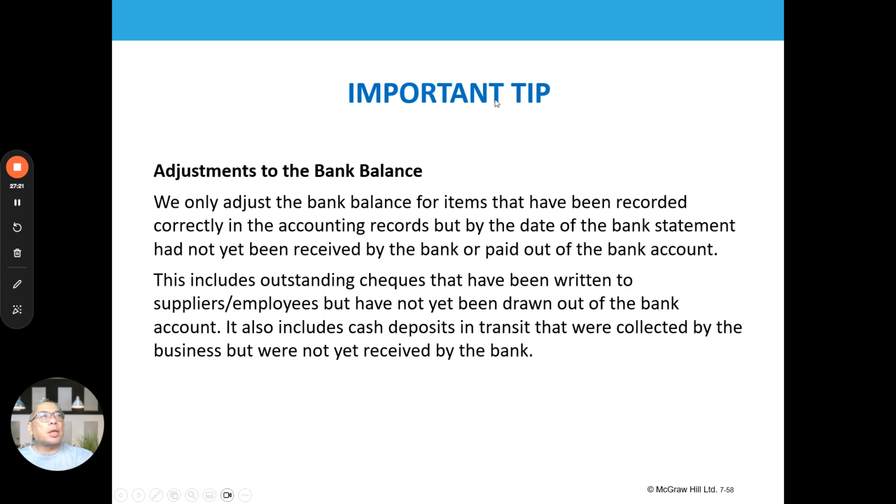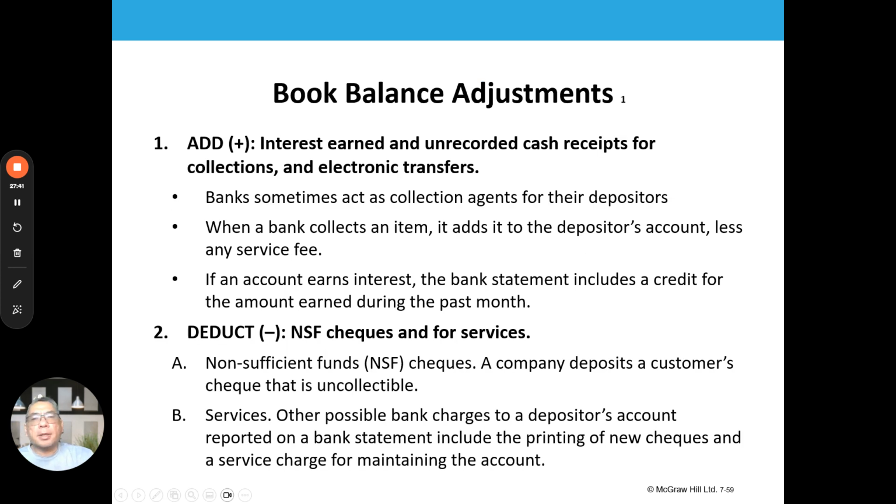This is your important tip. We only adjust items that have been recorded correctly in the accounting records. This includes the outstanding checks that have been written but not yet withdrawn out of the bank account. For example, you write a check but it's already past due, and the recipient forgot and has not banked it.